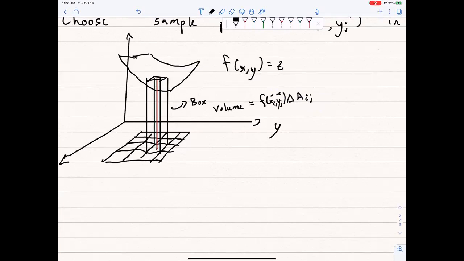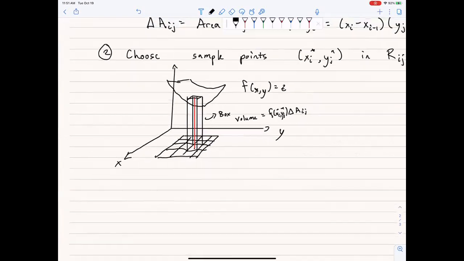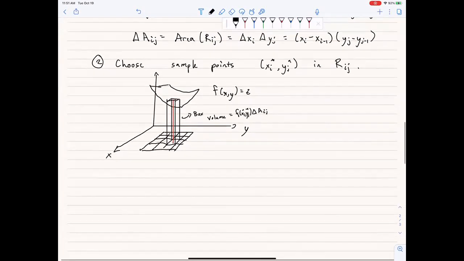But if we're going to get the volume under this surface, we need to add all of these, or an approximation to it. We need to add up each of these boxes. So using our sample points and our partition, we can form this double Riemann sum.